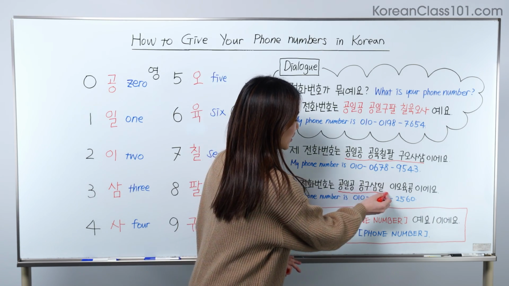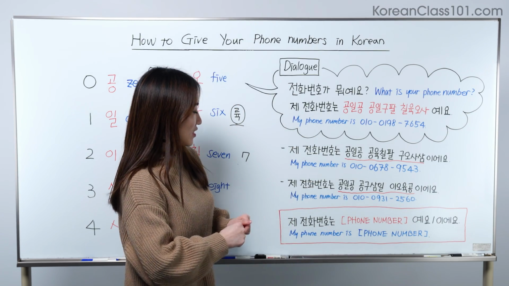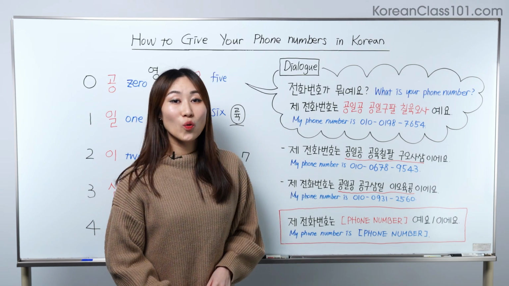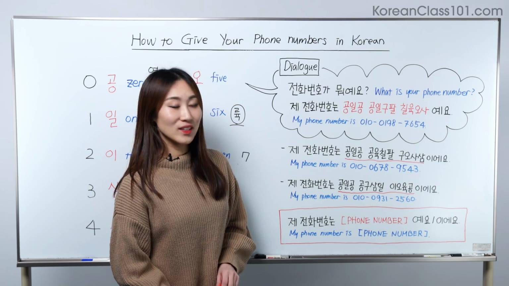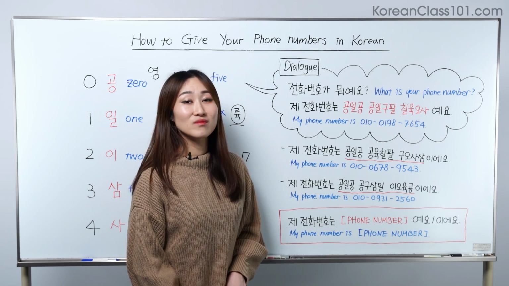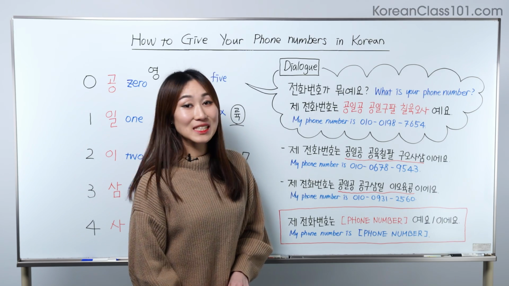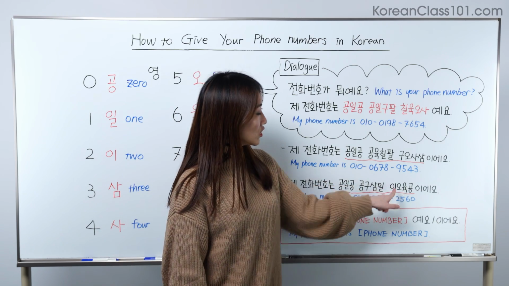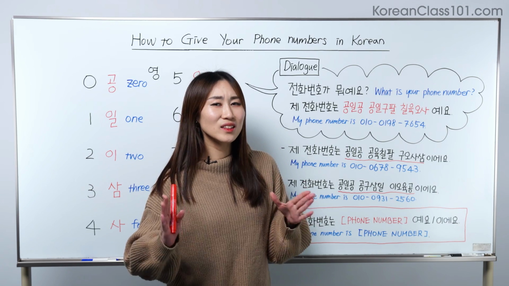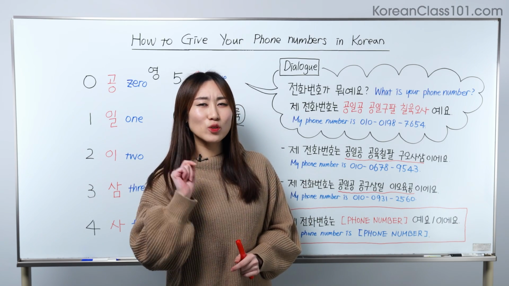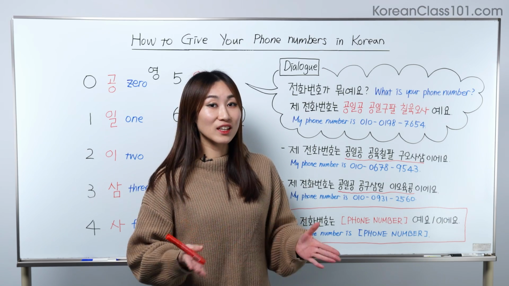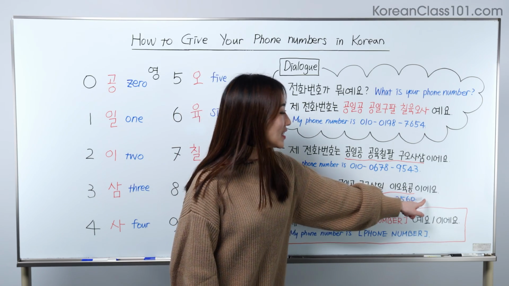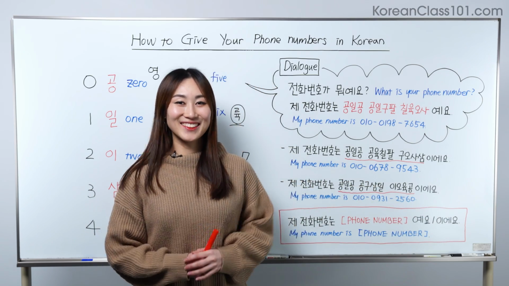Numbers are used here. 제 전화번호는, again, my phone number, 010-0931-2560이에요. Why did I use 이에요? 2560, it ended with consonant, right? 공 is kind of ended with ng sound. It's similar to ng sound in English. 공. Since it ended with a consonant, we are using 이에요. Okay.